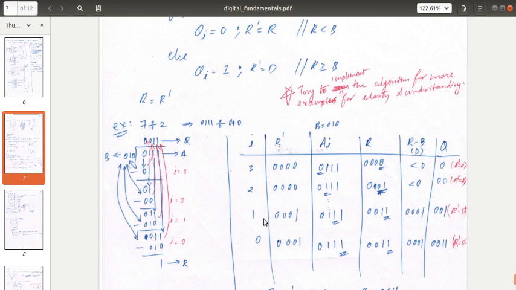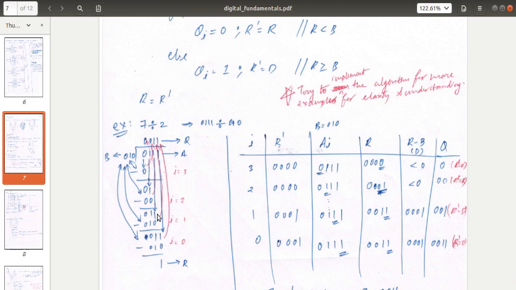Again we'll go through this once more. For I equal to 1, R bar equal to 0 0 0 1 coming from here, and AI equal to 1. So we left shift R bar by 1 and we append this 1 here. So R becomes 0 1 1. We are pulling down this 1 from here.